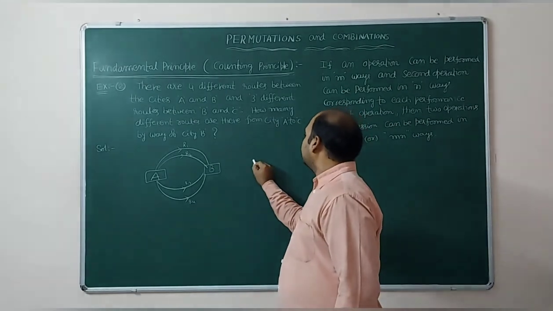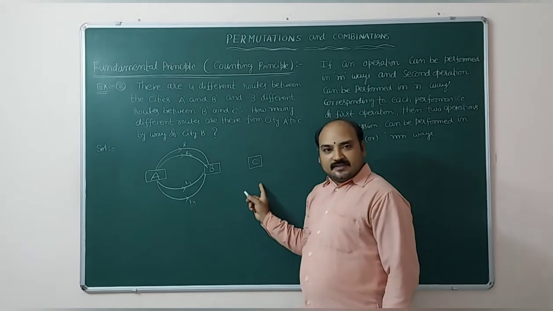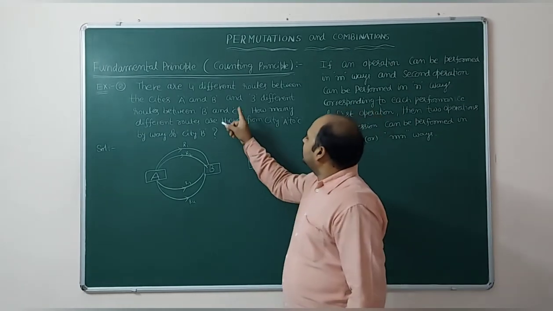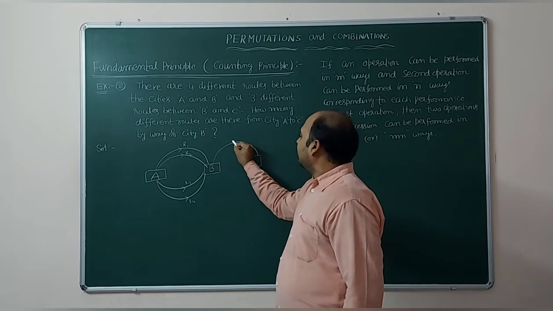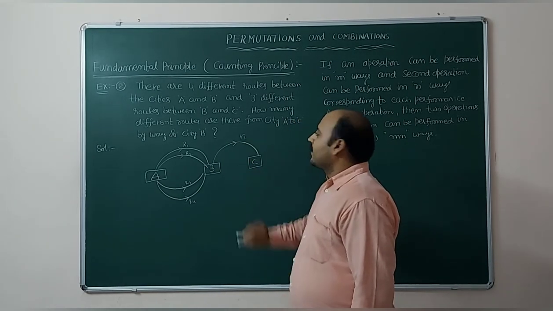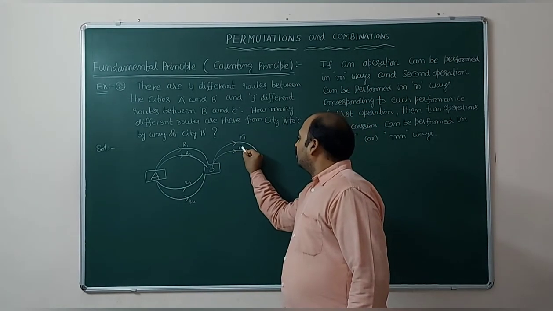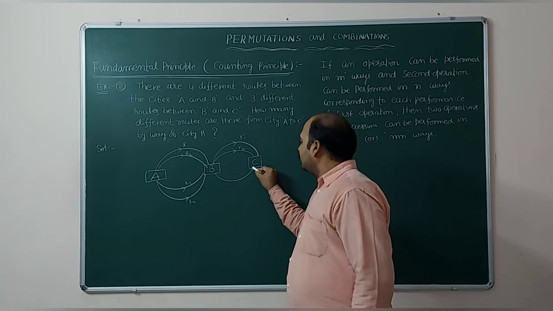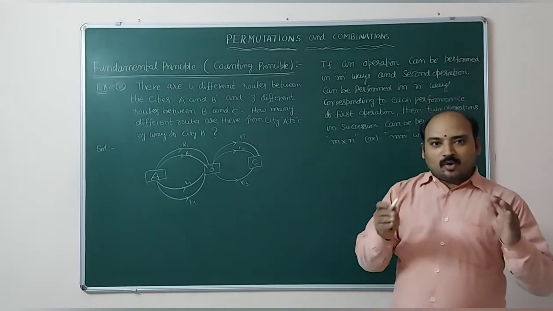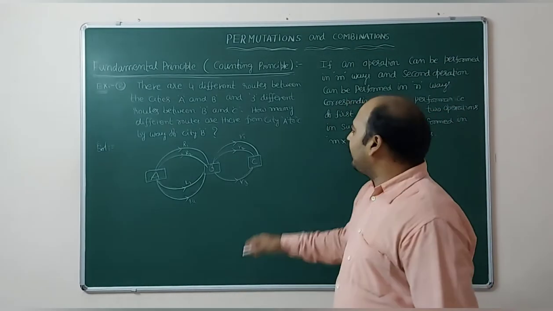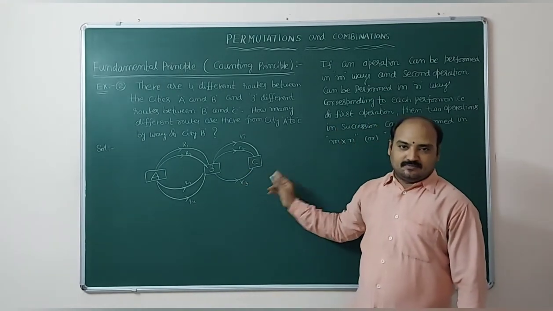So another city will be there, C city. These routes I am considering with small r1, small r2, and small r3. So small r1, small r2, small r3 represent the routes between the cities B and C.